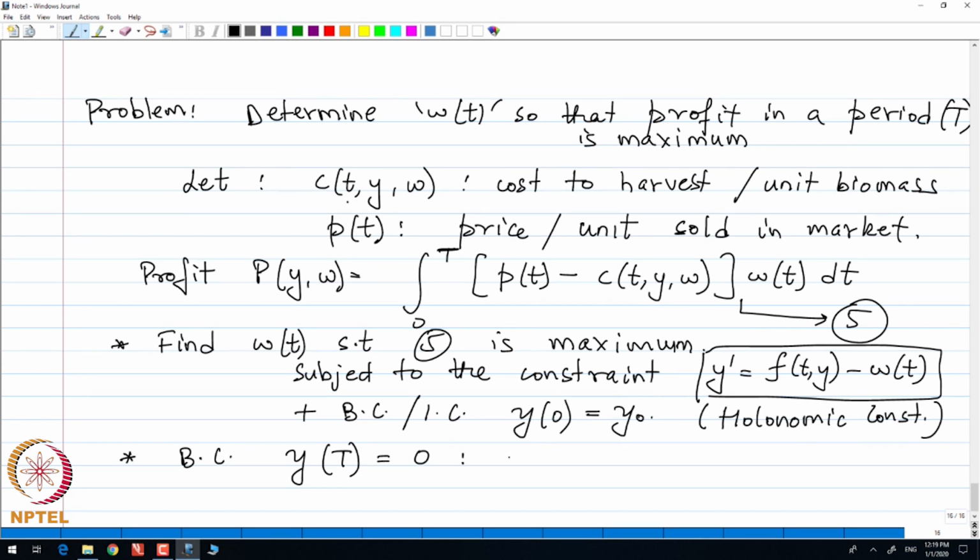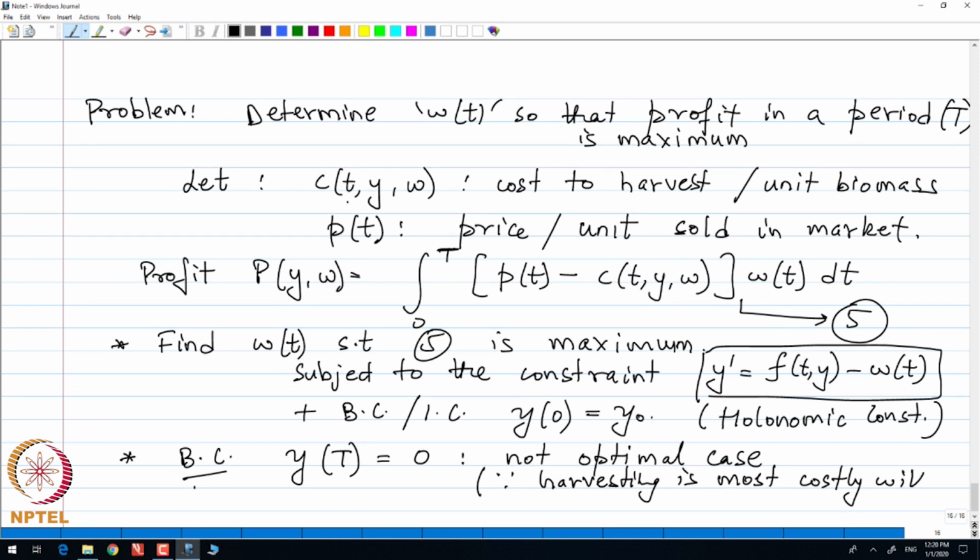It turns out that this is not the case, this is not the optimal case, because as we harvest more and more fish from the pond, it becomes more and more expensive to harvest the fish, right. So, because harvesting is more costly with fewer fish in the pond.